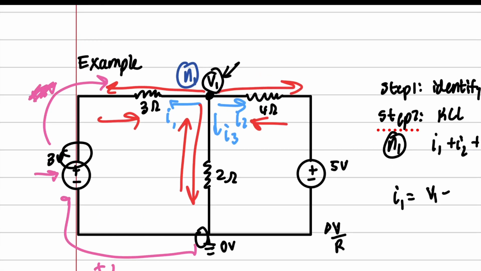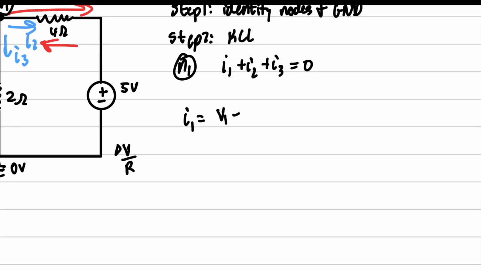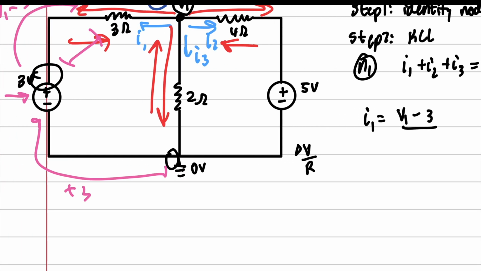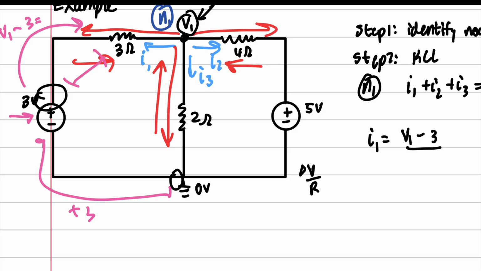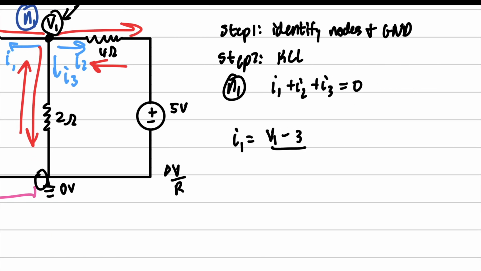We get the difference between whatever V1 is minus 3, because this is going to show the difference between here. I think that makes sense. I hope that makes sense. And then we're going to do V1 minus 3 over the resistance of this path right here. And the resistance in this case is 3.